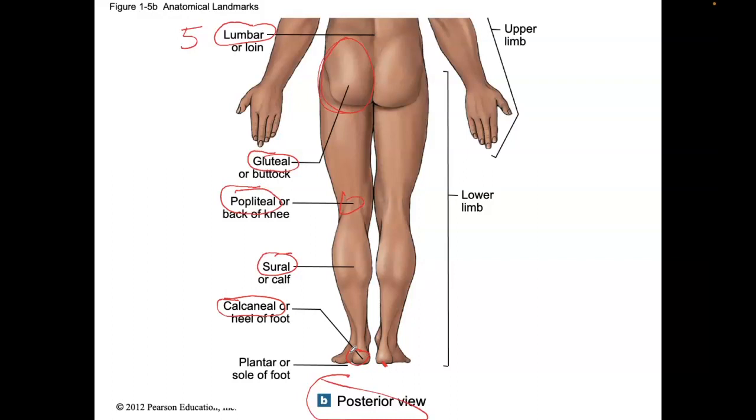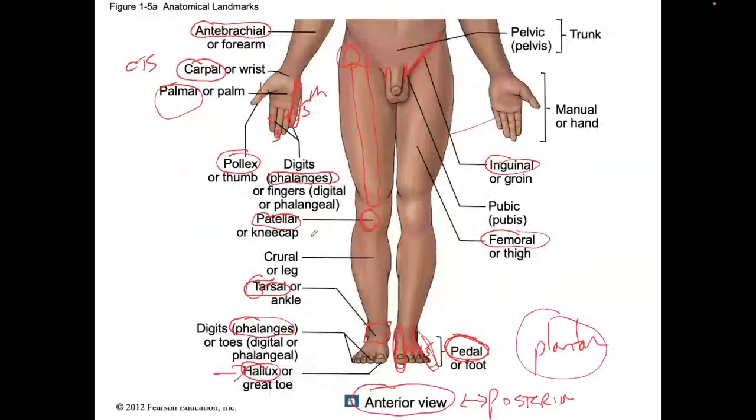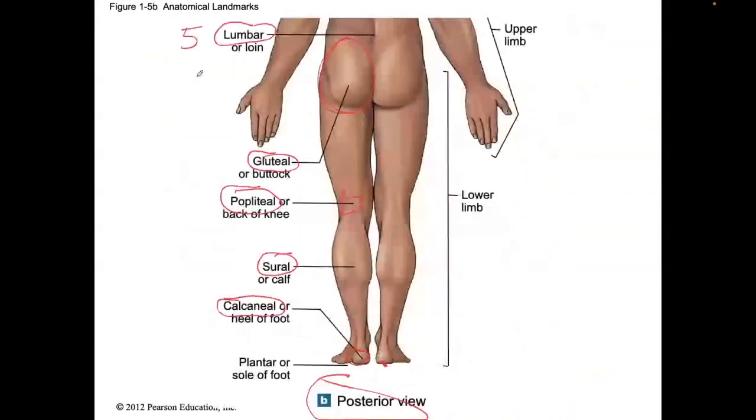The calcaneal bone happens to be one of the tarsal bones. There are 7 tarsal bones. There are 8 carpal bones. So one of the tarsal bones is the calcaneus. The bottom of the foot or the sole of the foot is the plantar surface.